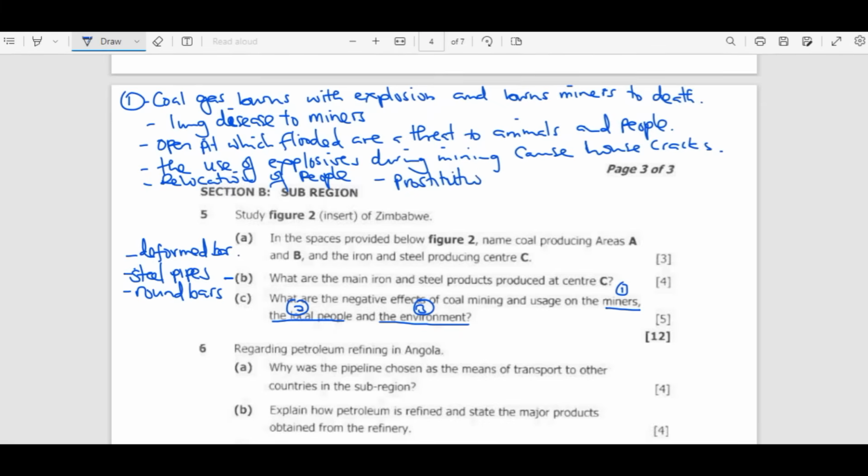Prostitution increases because of miners, young girls who devote themselves to prostitution so that they can have money. And then apart from that, we can also say plants and animals will be lost.